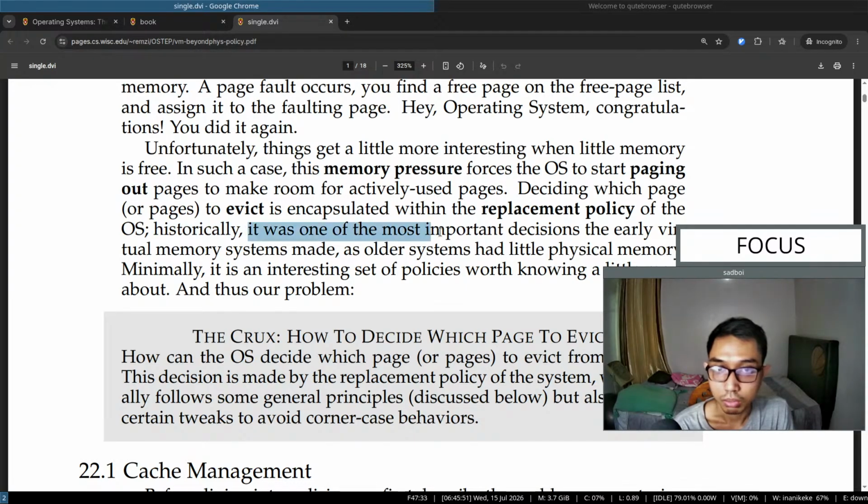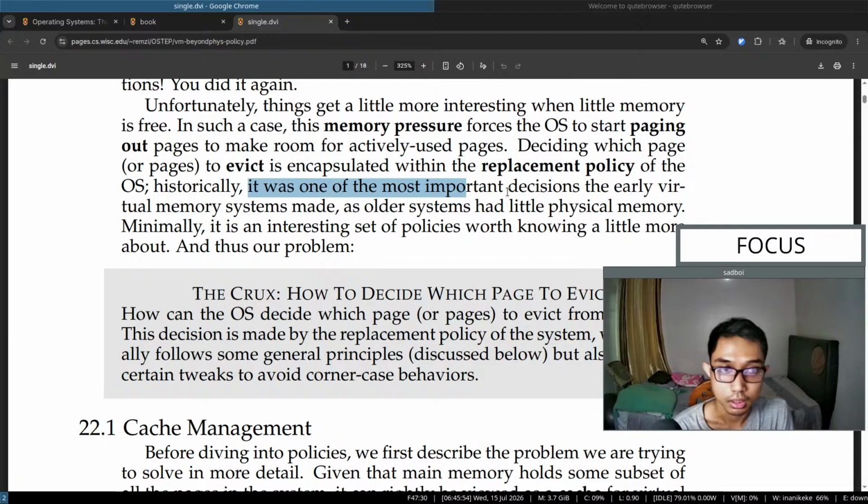Historically, it was one of the most important decisions the early virtual memory systems made, as older systems had little physical memory, right?